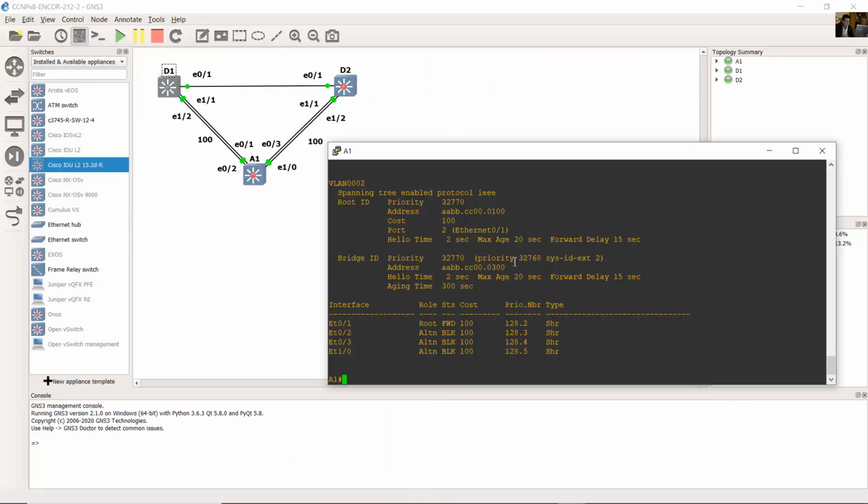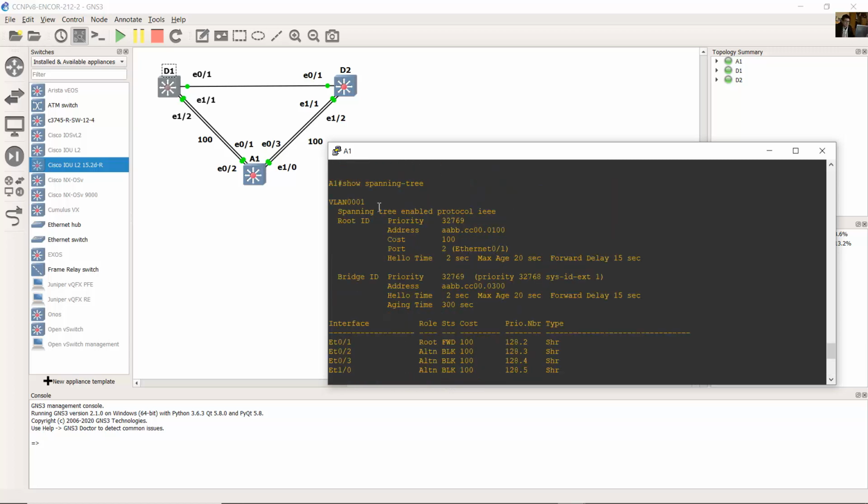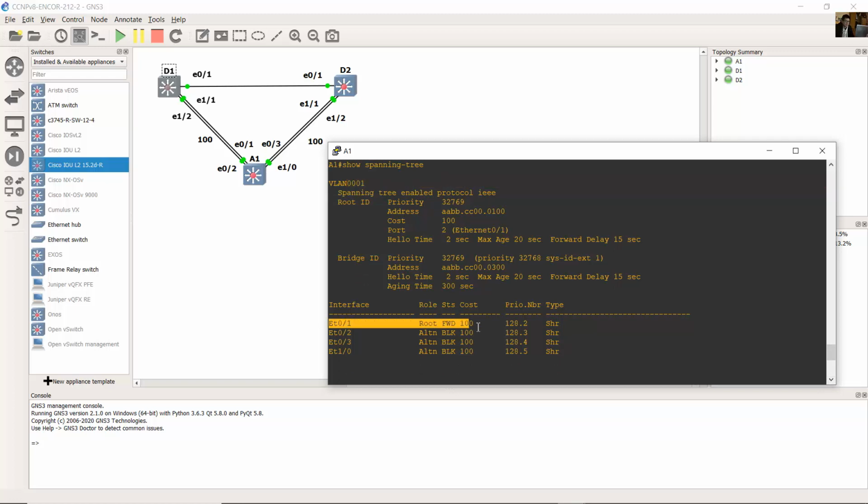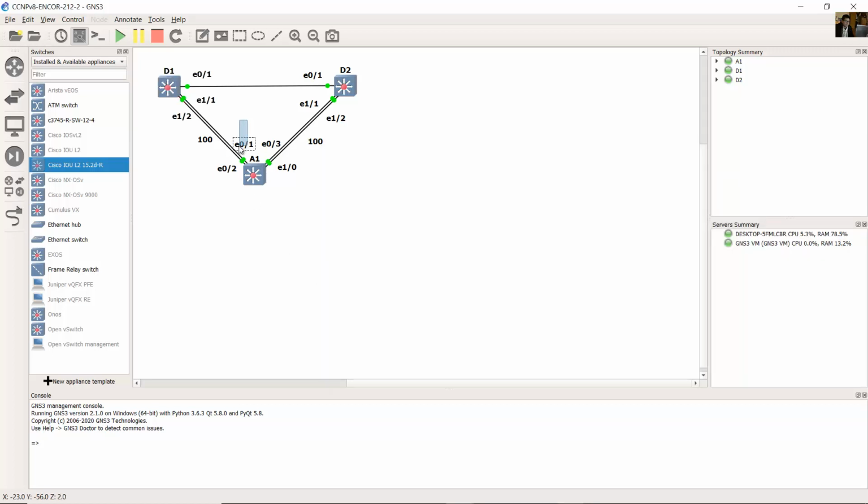Go to A1, show spanning tree for VLAN 1. You will have a root port, Ethernet 0/1. Ethernet 0/1 is the root port because D1 is the root bridge.